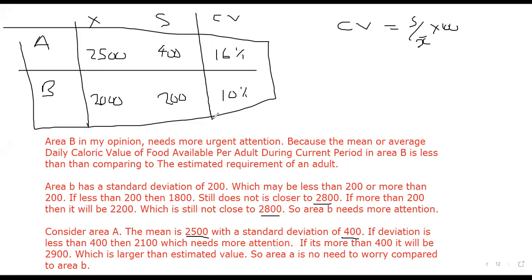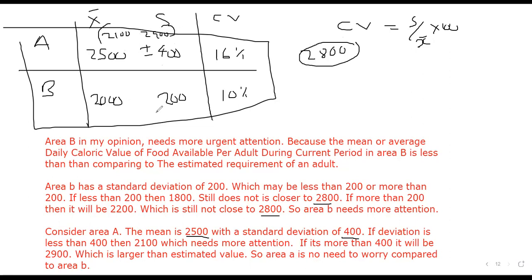So you can also comment in terms of the coefficient of variation. We've been given a benchmark of 2800. That is the normal in terms of calories that an adult must have. So after a survey was conducted, the mean that was scored by area A was 2500 plus or minus what? The variation of 400. So when you subtract here, we're going to get a lower bound of 2100 and an upper bound of 2900.